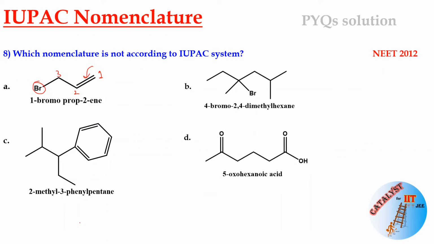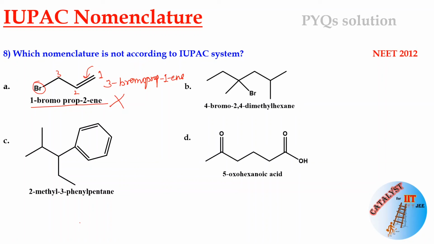So the correct IUPAC name should be 3-bromoprop, because the number of carbons is equal to 3, and on the first position a double bond is present. So this is the wrong IUPAC name for this compound, but we have to verify by checking the IUPAC names for all the others also. So move to our second option.